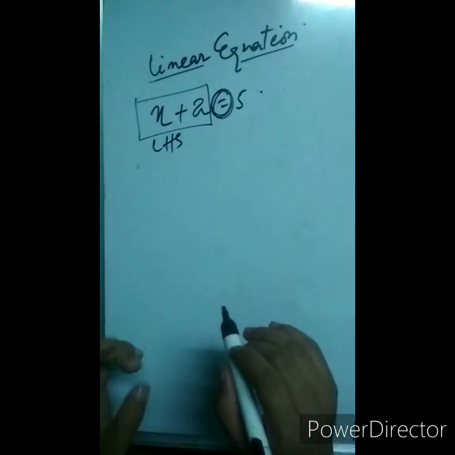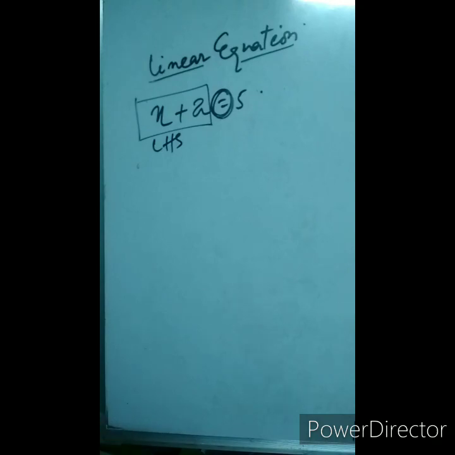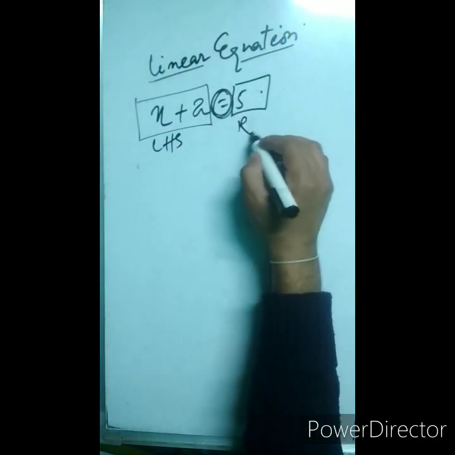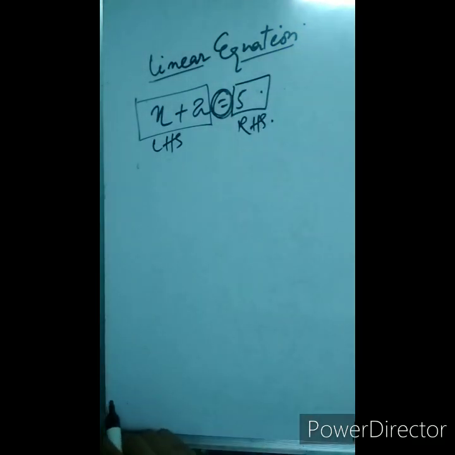And the part of the equation that lies to the right hand side of the equality is what you call the right hand side. Here this is the right hand side.